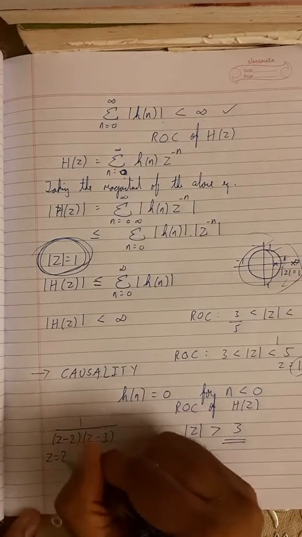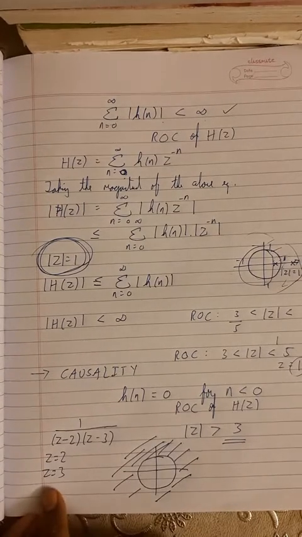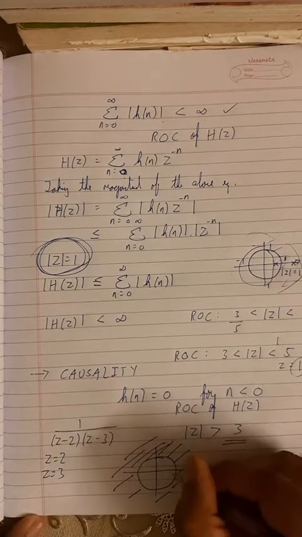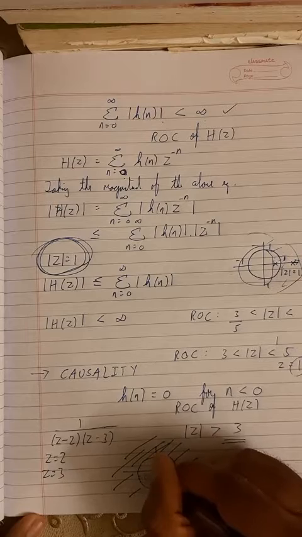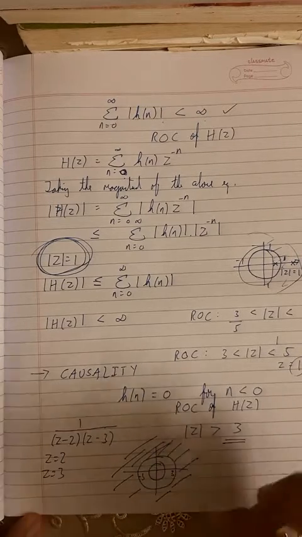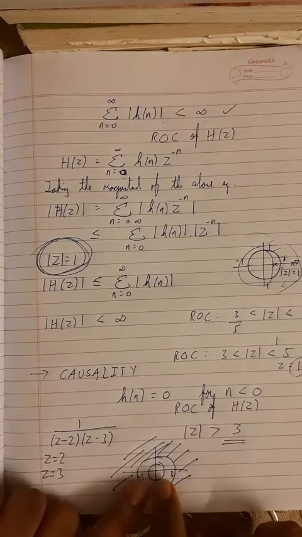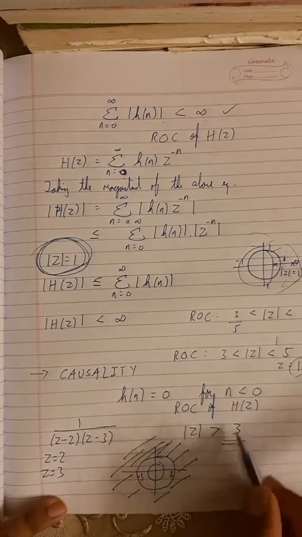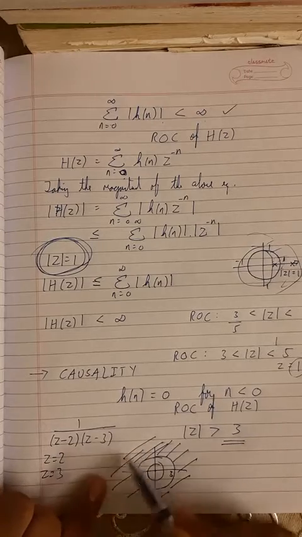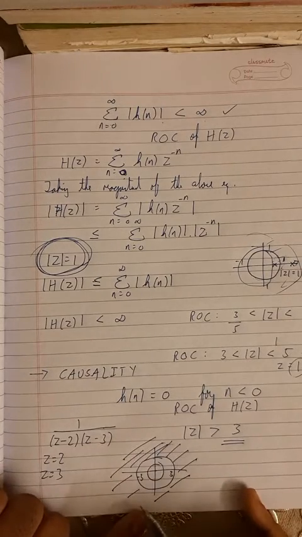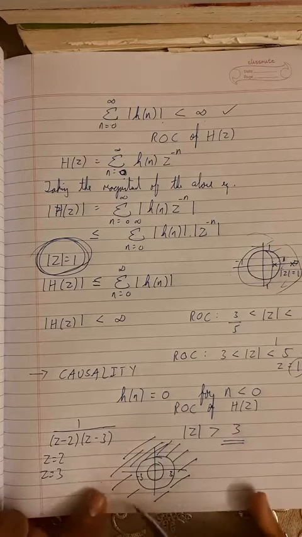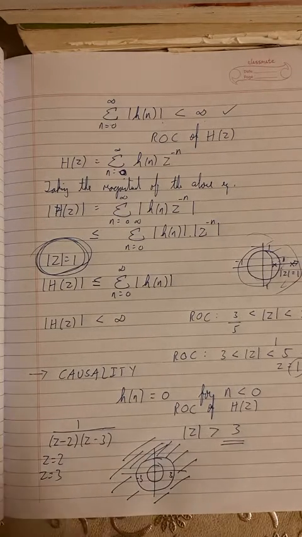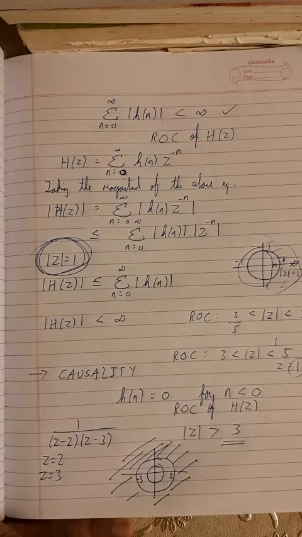Which is the outermost pole? z equal to 3 is the outermost pole. z equal to 2 is inside the circle, z equal to 3 is outside the circle. And if magnitude of z greater than 3 is the region, that region is the external part of the outermost pole, and then I can say that the system is causal. This is how we check whether the system is causal or not.